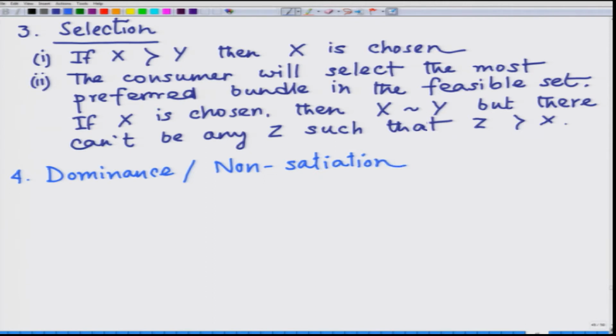We will see that if we tweak this axiom, we can get various shapes of indifference curve. So, this is a very important axiom in consumer theory.